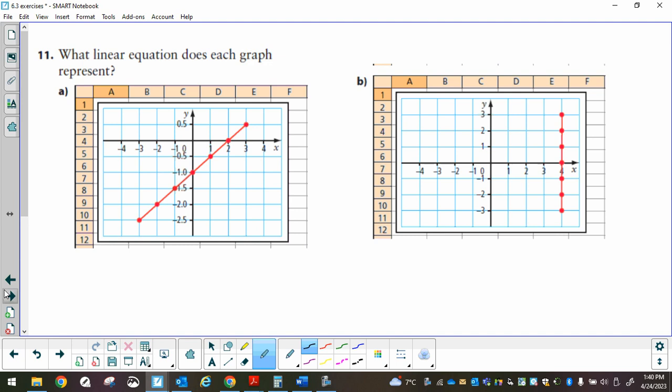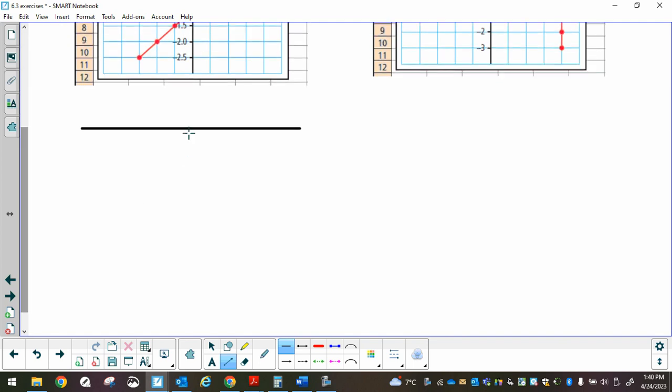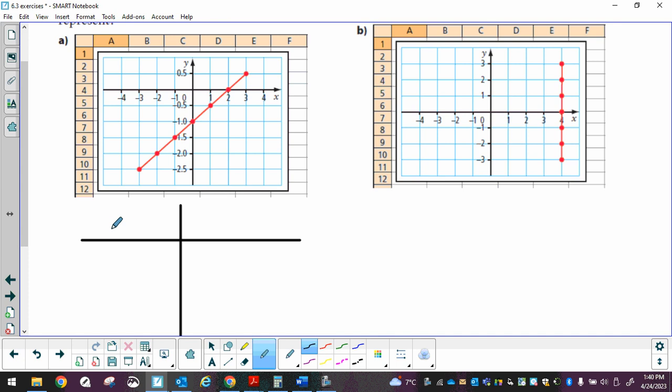Okay, if you'd like to pause the video and try number 11 yourselves, and then I will go over it. All right, so number 11 wants a linear equation from the graph. So we have to pick some points off in order.